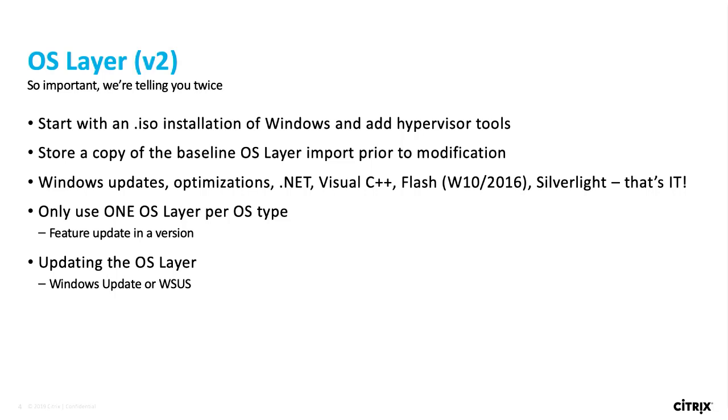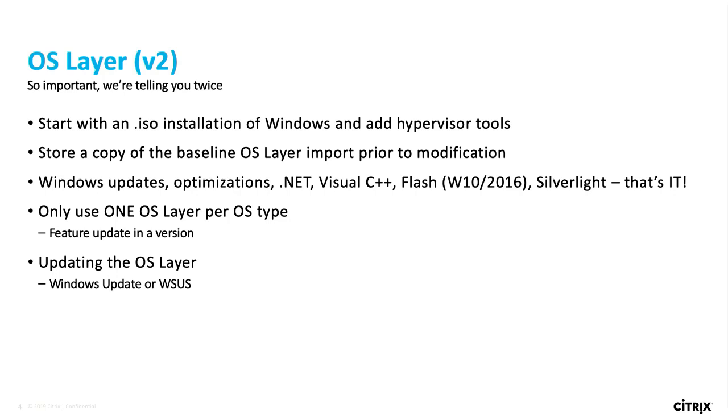As you know, application layers are tied to specific OS layers, not operating systems. So if you have to completely start your OS layer from scratch, the same goes for the app layers you had built with that OS layer. That's something I can't stress enough to keep in mind.